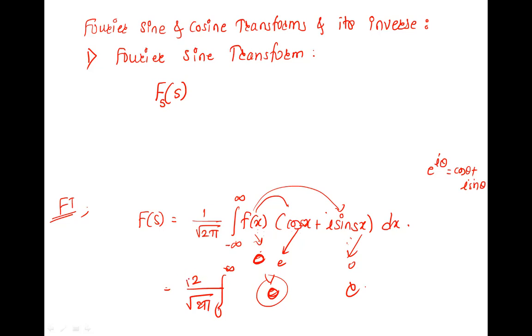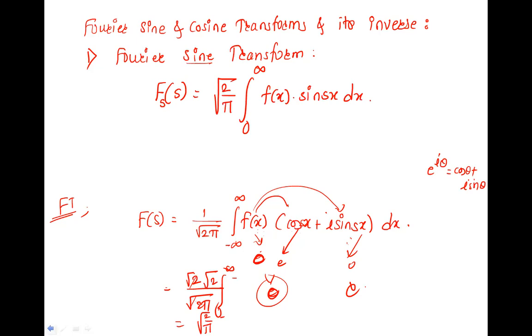But that 2 is nothing but root 2 into root 2, so one root 2 gets cancelled and what remains is root 2 by pi. Integration limits are 0 to infinity, f of x into sine sx dx.